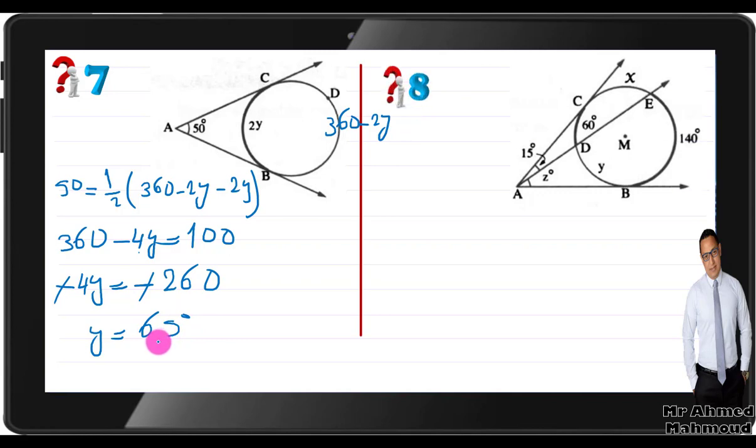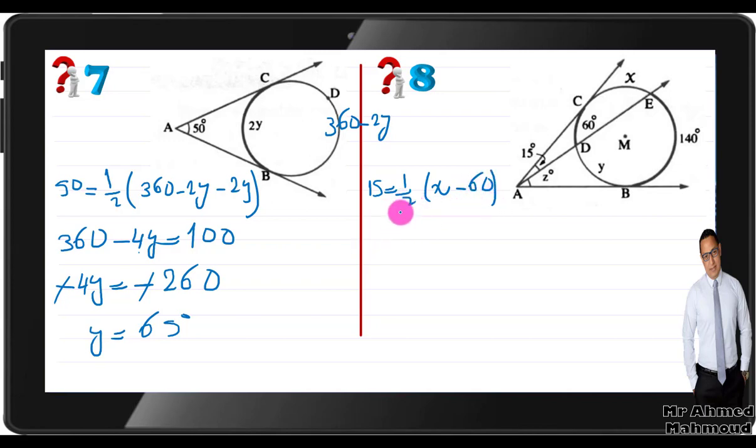Here, number 8. It's complicated. I can't find x and y at the same time, x, y, and z. I'm going to divide this one into two cases. In the first case, I'm going to find x. Here to find x, 15 equals half, open brackets, x minus 60.